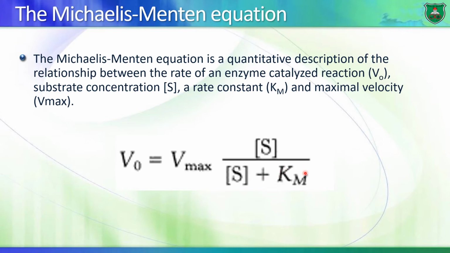We will describe Km in a few seconds. So you need to memorize this, okay? So velocity is equal to Vmax, the maximal velocity of an enzymatic reaction, times the concentration of S over the concentration of substrate S plus Km.